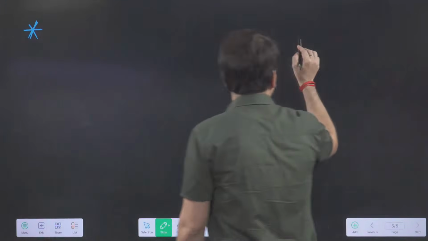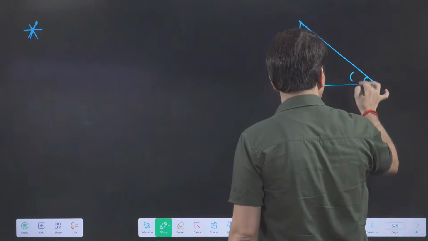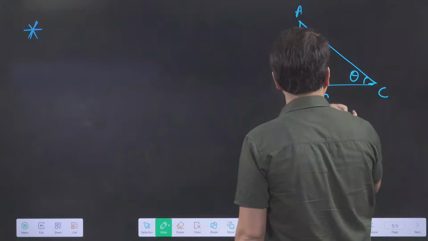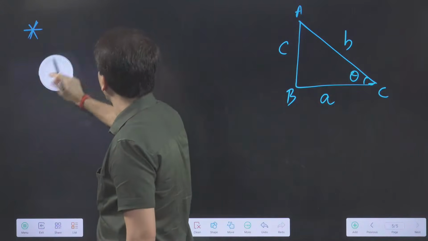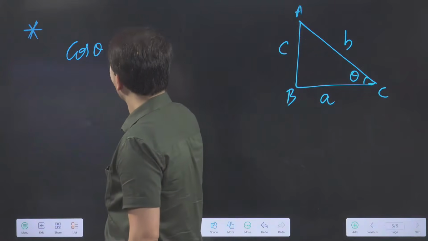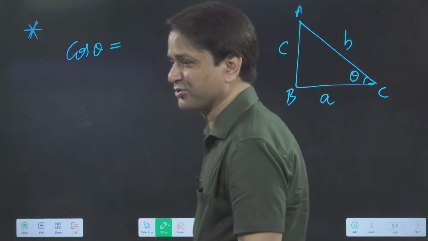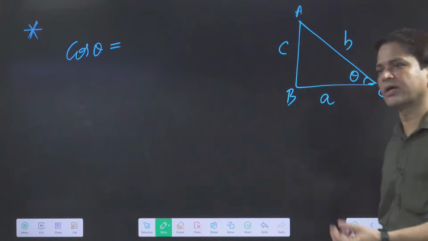Now I'm making that right angle triangle directly. What is cos theta? You will use your formula and my formula also. Cos theta, what you learned, is adjacent upon hypotenuse.